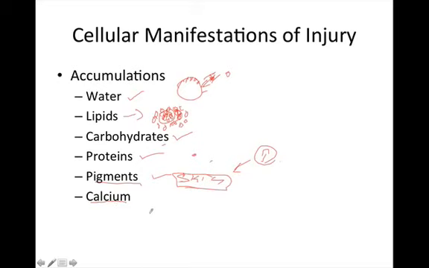So there are two major types: dystrophic calcification and what's called metastatic.